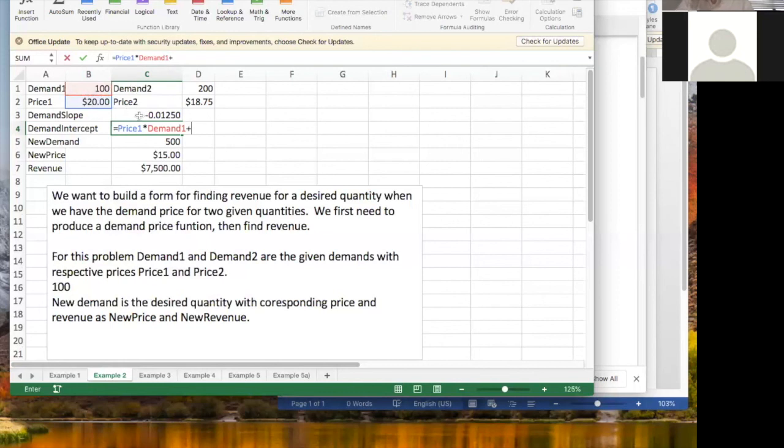I mean, the new demand, okay, it's just price 1, sorry, this should be price 1 minus demand 1 times the demand slope. One advantage of doing it this way is my formulas are easier to read when I go back if I've got full names.